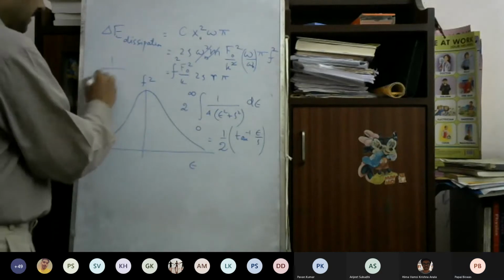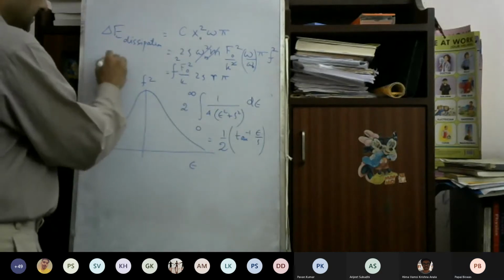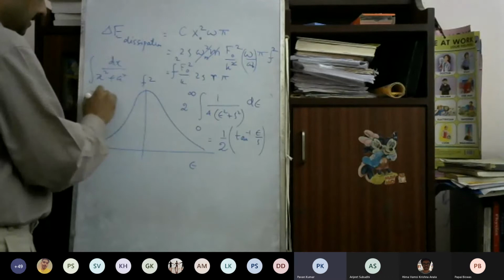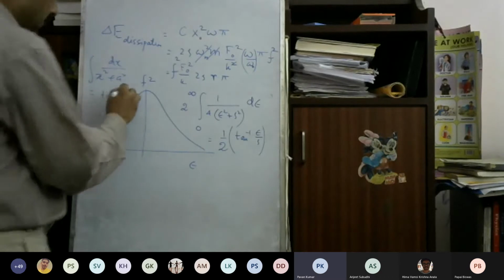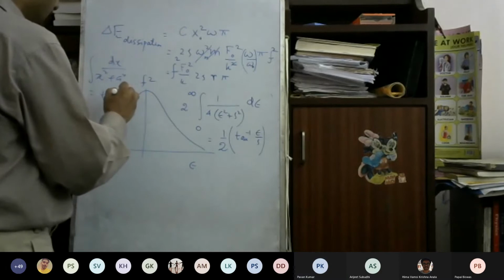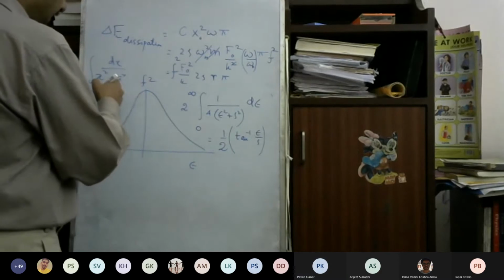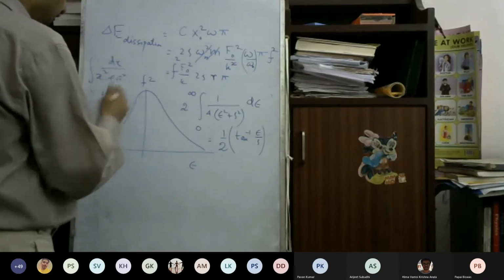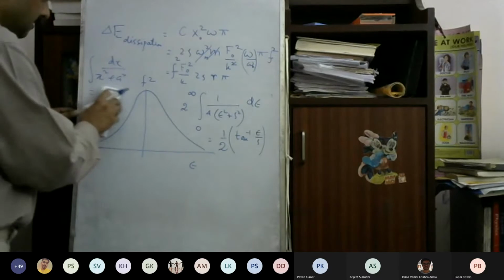So 1 by x square plus a square, I have just forgotten dx. What is that? 1 by a tan inverse x by a. Put x equal to a tan theta. So are you sure 1 by a will be there? Yes, sir.